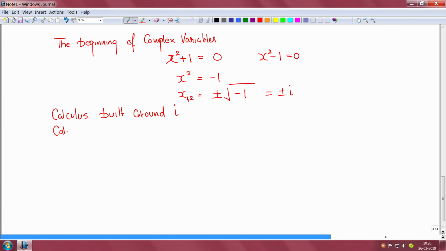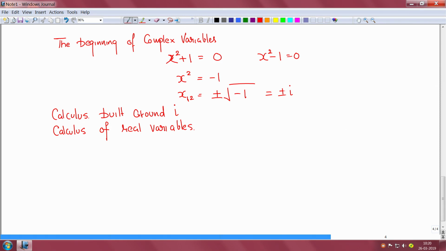And so, we would be most comfortable if the calculus of complex variables also follows the same laws and rules.